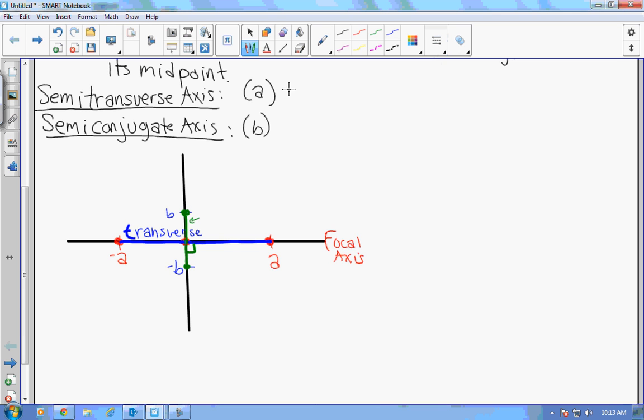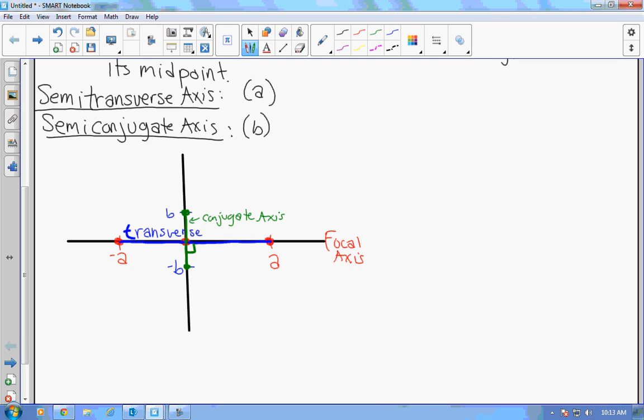The green one is your conjugate axis. And the semi-conjugate would be half the distance, starting at the center and extending to b or negative b.